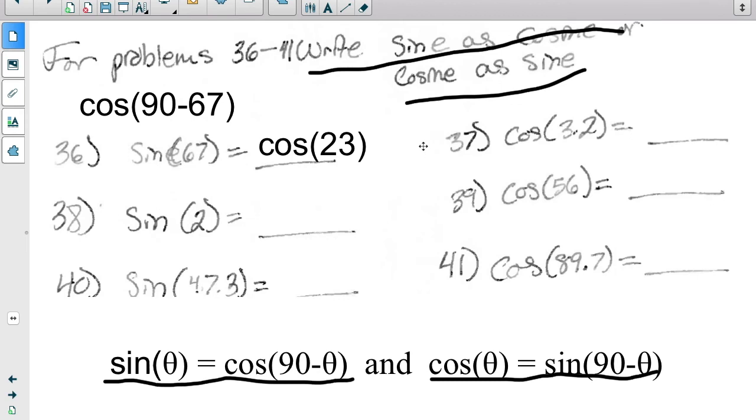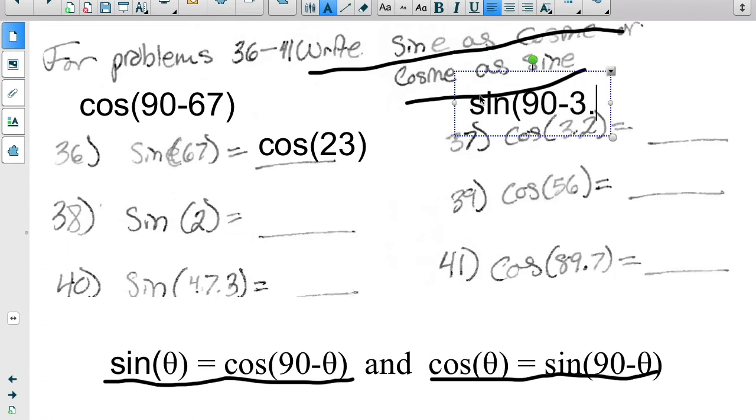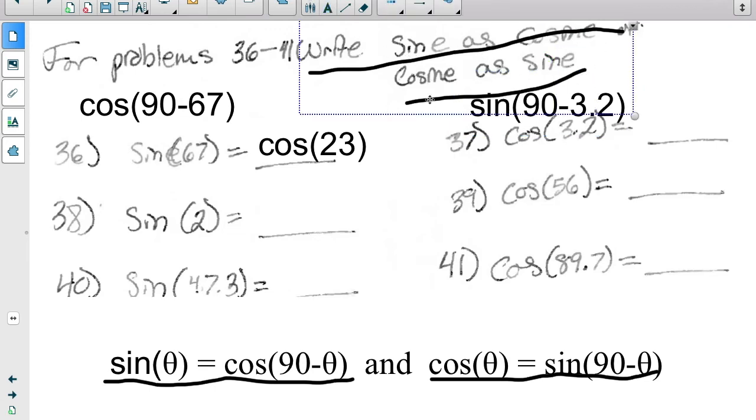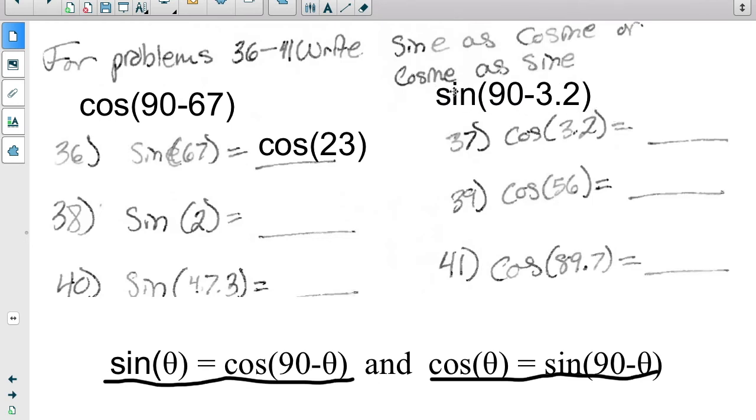We have cosine of 3.2. So if I want to find this value, I can take sine of 90 minus 3.2 to solve for this value here, because this here will give us our answer.